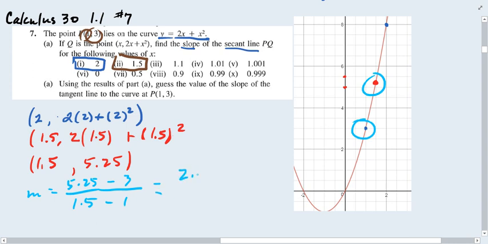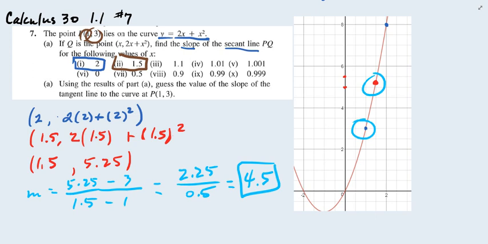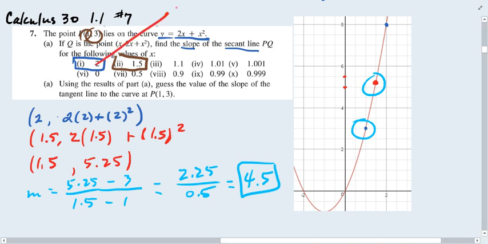So this is 2.25 divided by 0.5. When you divide by 0.5, that's just like multiplying the top by 2, so that's going to be 4.5. So our slopes so far are 5 and 4.5. Seems like it's going down.